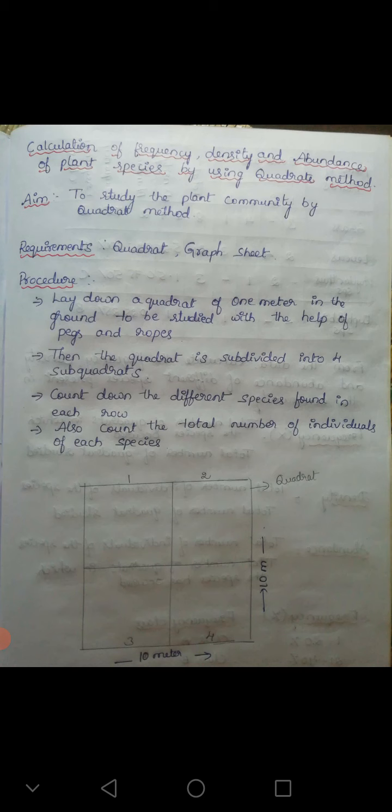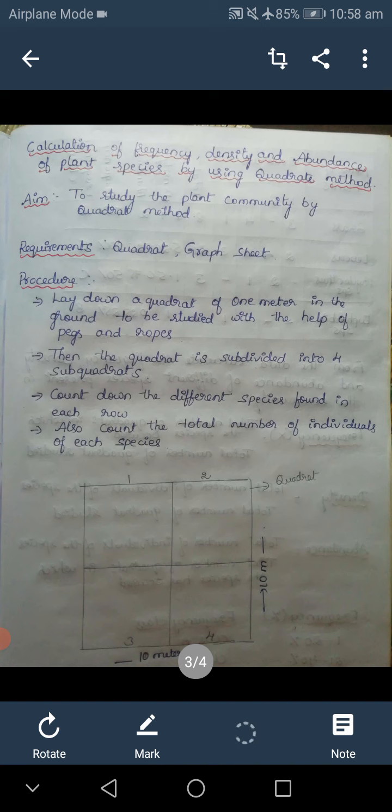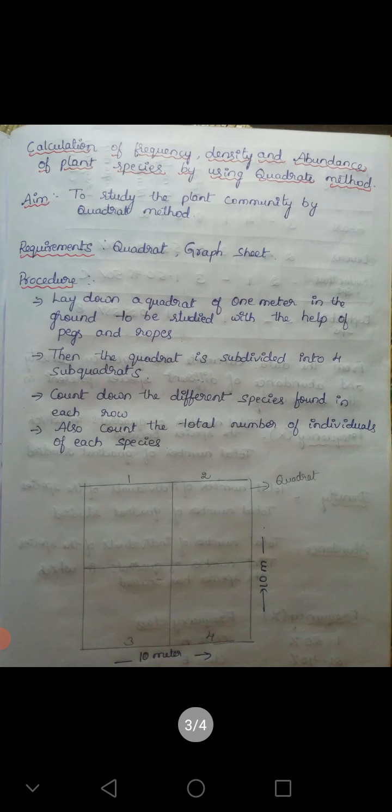Here it is divided into 4 subquadrats, and then again subdivided. First, lay down a quadrat of 1 meter in the ground to be studied with the help of pegs and ropes. Here we took 10 by 10 meter. Then the quadrat is subdivided into 4 subquadrats.